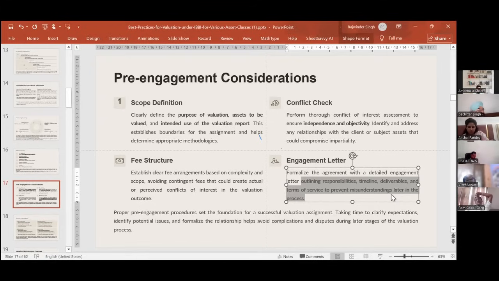First thing is your responsibilities and the time frame within which you have to complete your work, and the terms of service to prevent misunderstanding later in the process of valuation. So proper pre-engagement procedures set the foundation for a successful valuation assignment.